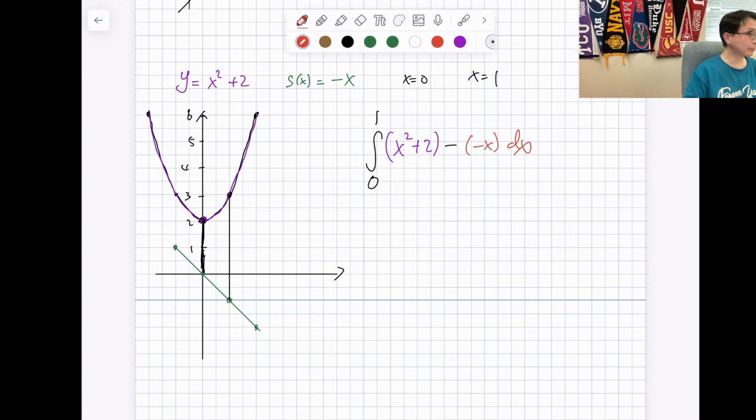Now just evaluate. You should know how to plug in the upper bound and subtract the lower bound, right? Can you do that for me here? And I'll get ready for the next question.